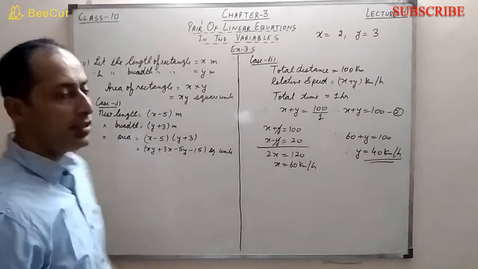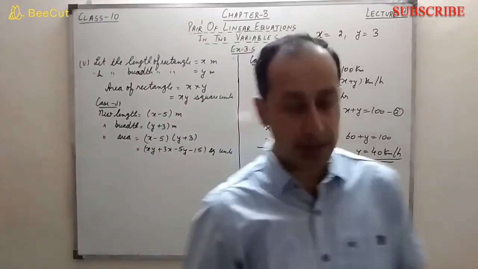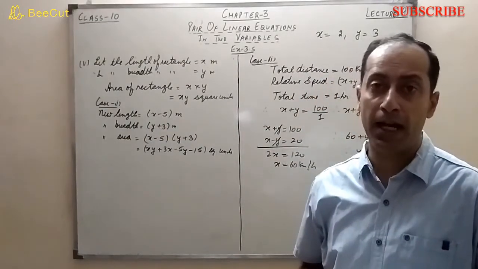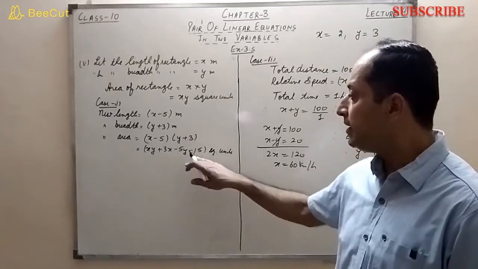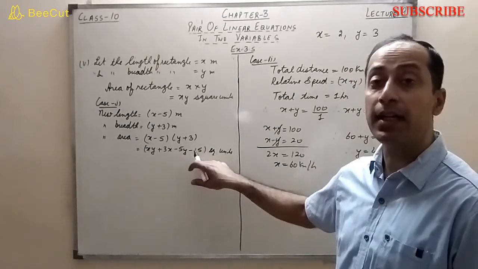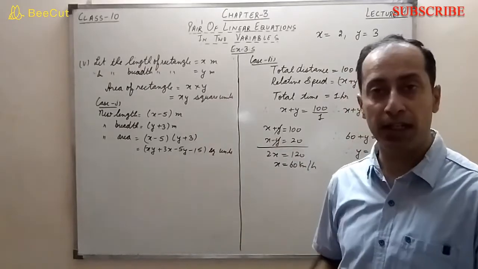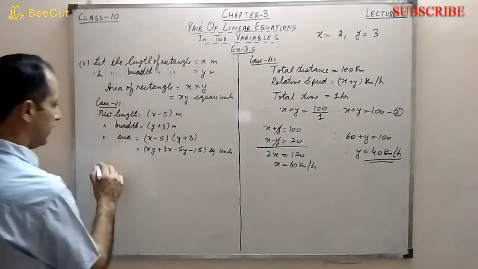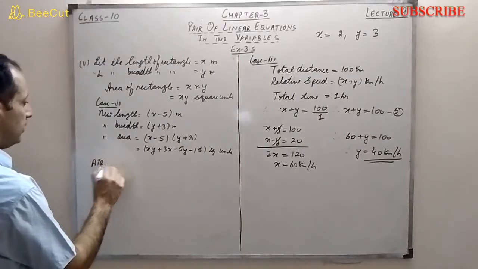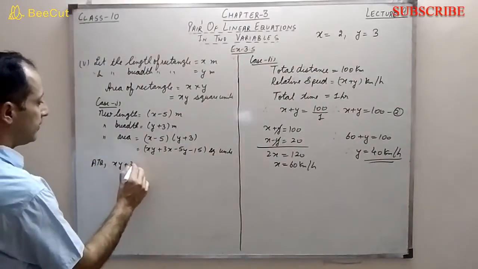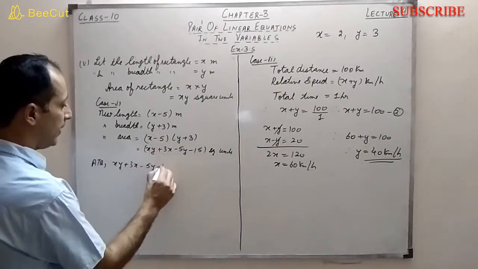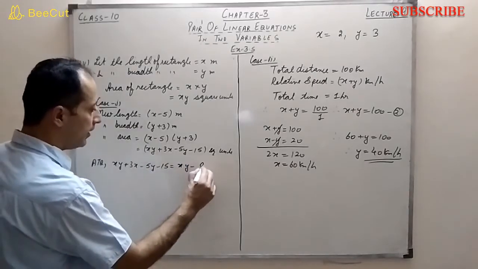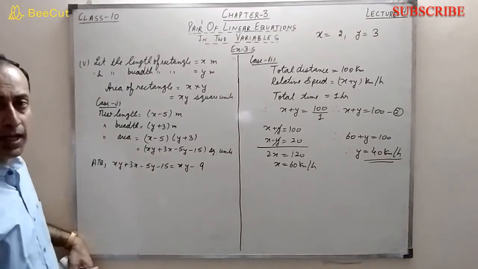Now in the first case, what happens if the length is reduced and the breadth is increased? They say the area of the rectangle gets reduced by 9 square units. It means whatever area we have got is 9 units less than the original area. So I write according to the question, xy plus 3x minus 5y minus 15 equals xy minus 9, because it is reduced by 9 units.